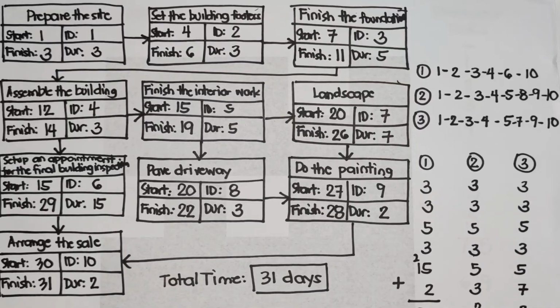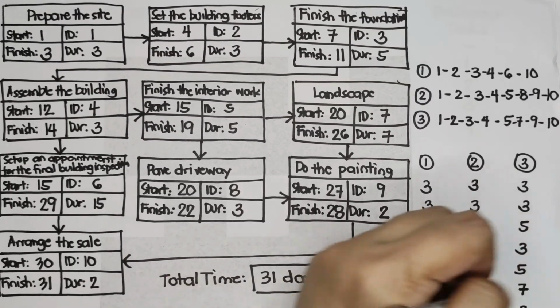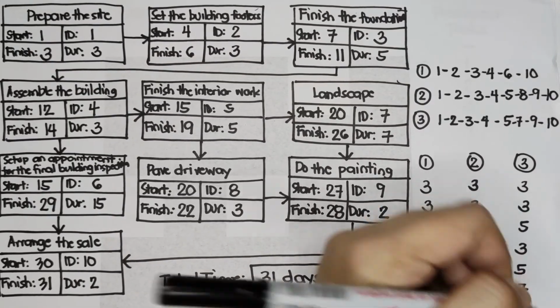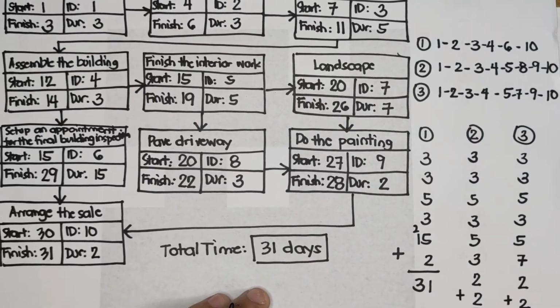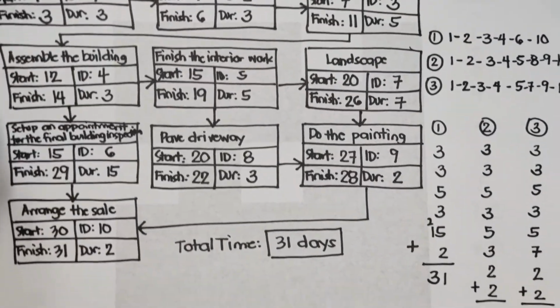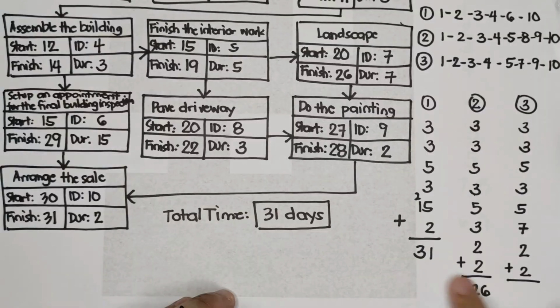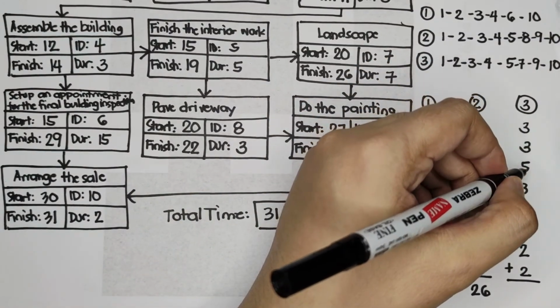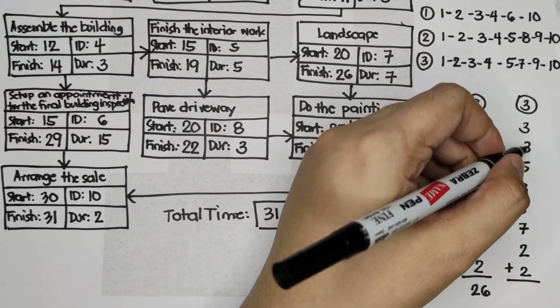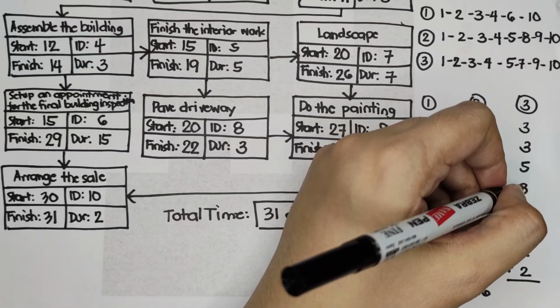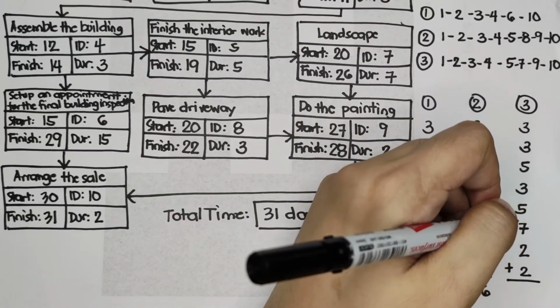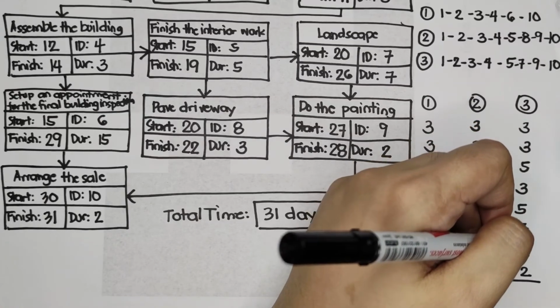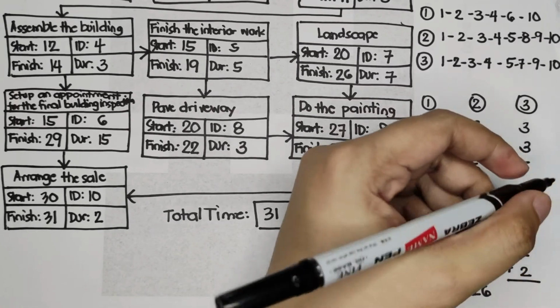Okay, so let's add again. So we have 31, 26. So we have 1, 2, 3, 4, 5, 6, 11, 6 plus 5, 11 plus 3, 14 plus 5, 19, 19 plus 7, 26, 27, 28, 29, 30.